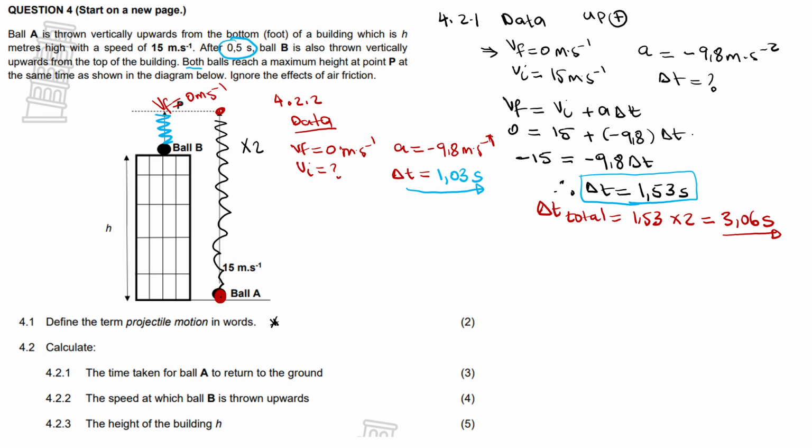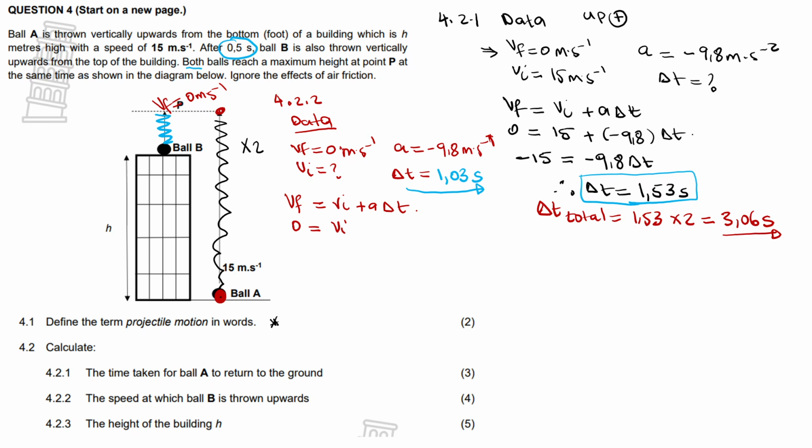So to find the V initial, we're going to use the following formula. Vf equals V initial plus a delta t. So the final velocity is 0 and the initial velocity is what we are looking for.